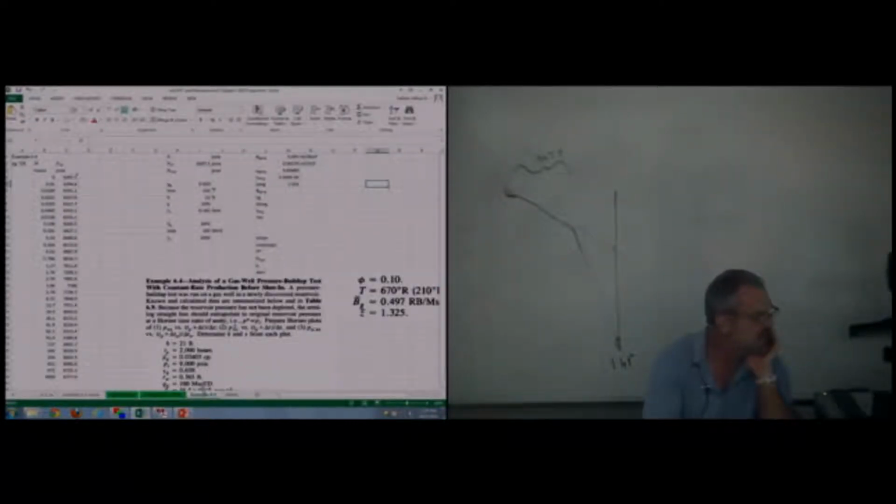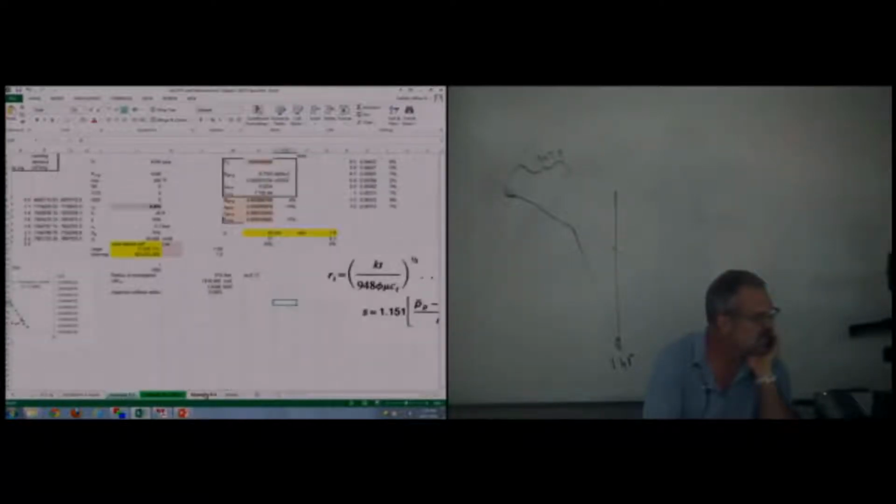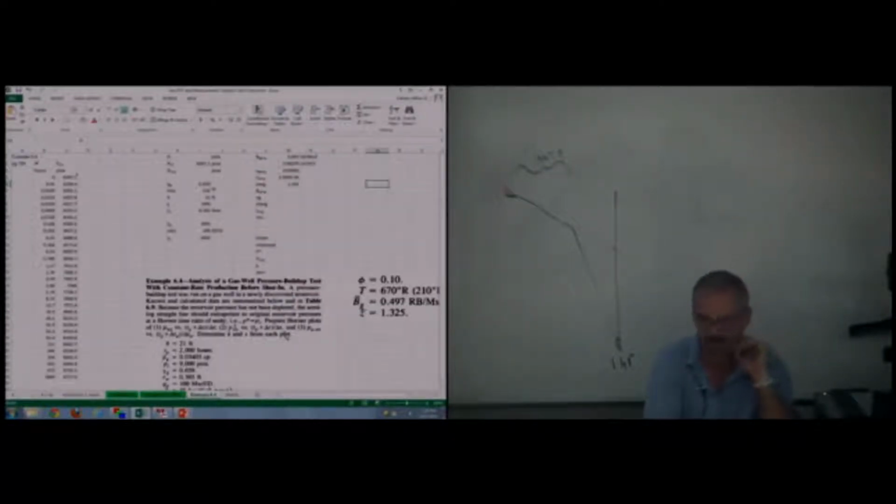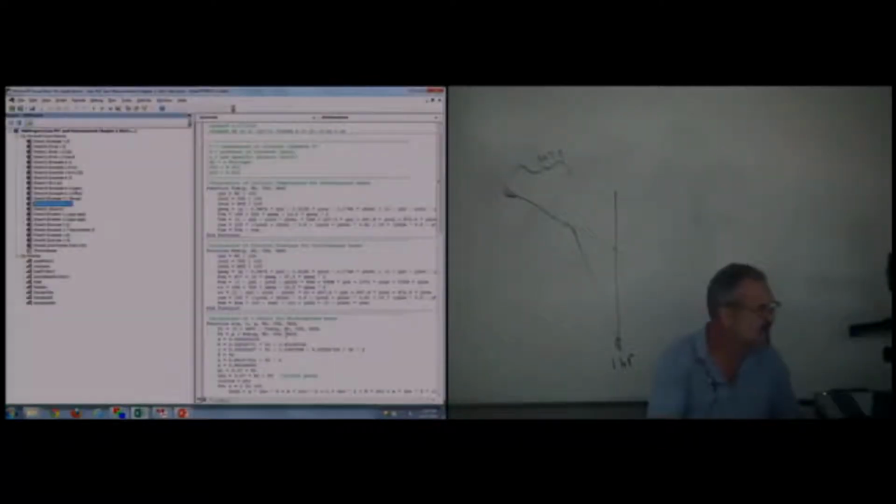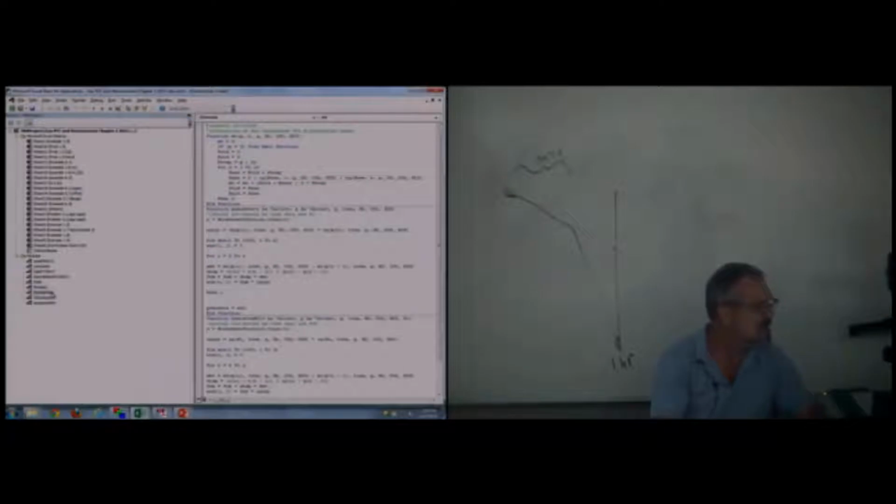And now I'm in the workbook that I have been working on, which has my 6.4 data. And if I go to VB, I also have these new pseudotime functions that I'm going to be using for buildup and for drawdown.